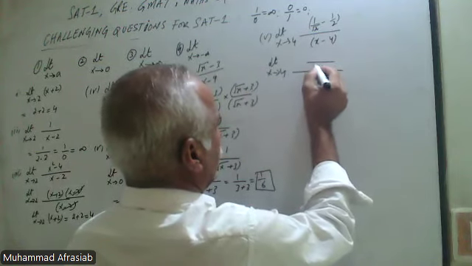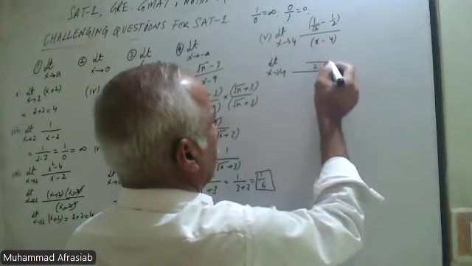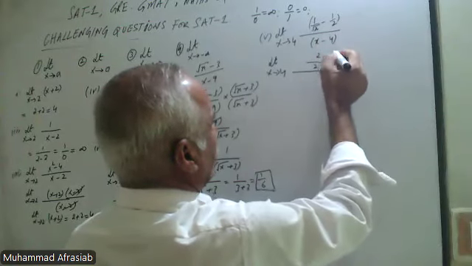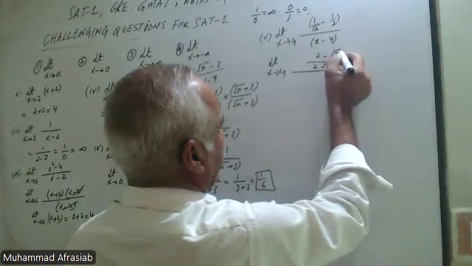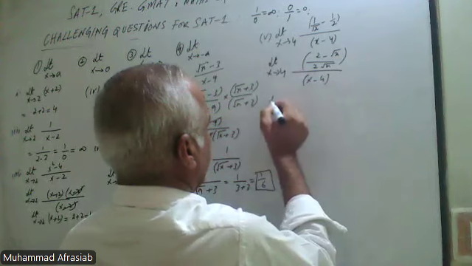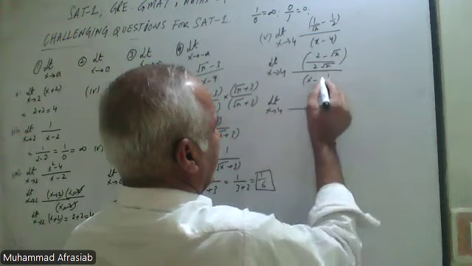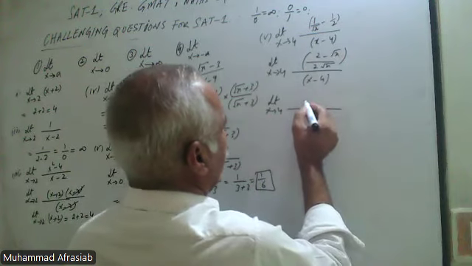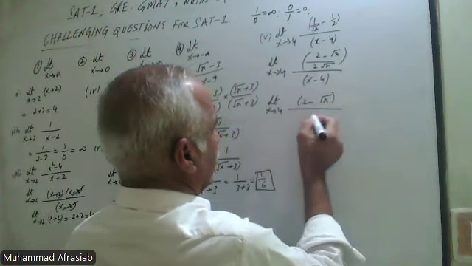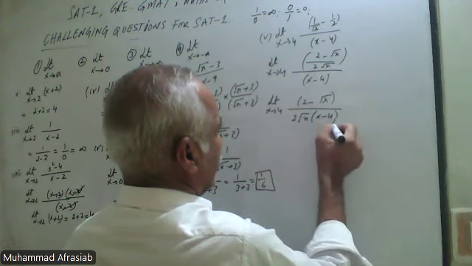It should be equal to 2 root x, and x and x cancel out, so it is 2 minus root x divided by x minus 4. Then the limit as x tends to 4 is equal to 2 minus root x over 2 root x into x minus 4.